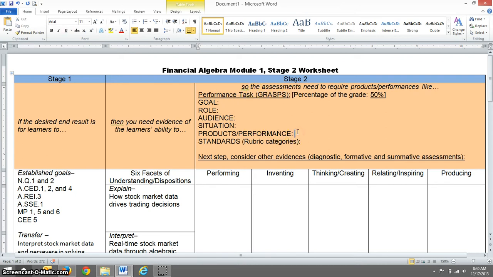So some would like to start with the product, and that's what I did. So I want them to create a report or a presentation. Okay. Then I created the goals. I want them to interpret stock market data in making trading decisions.